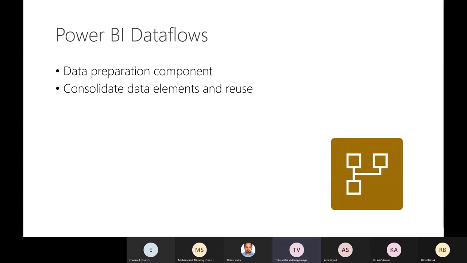And the key purpose of a Power BI data flow is to consolidate data elements for reuse. So what that means is there are different elements of data, there are different master data, there are different types of data.